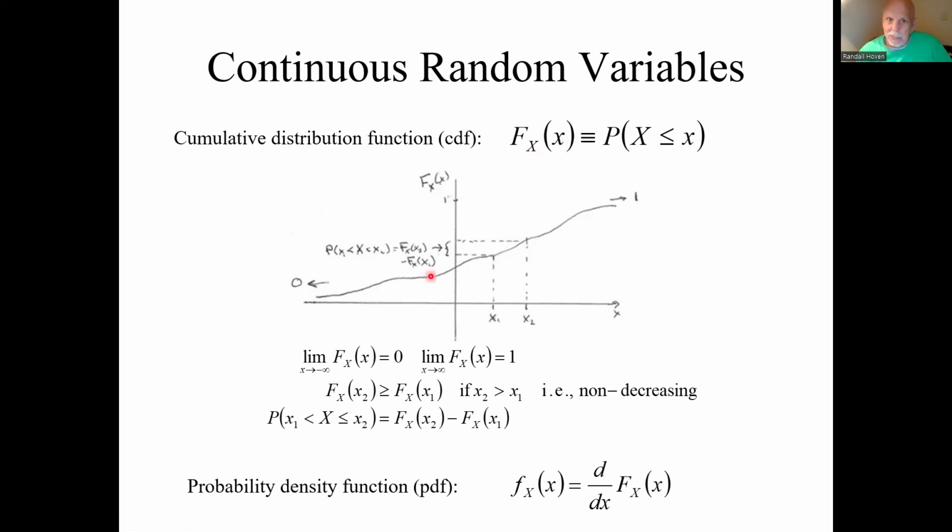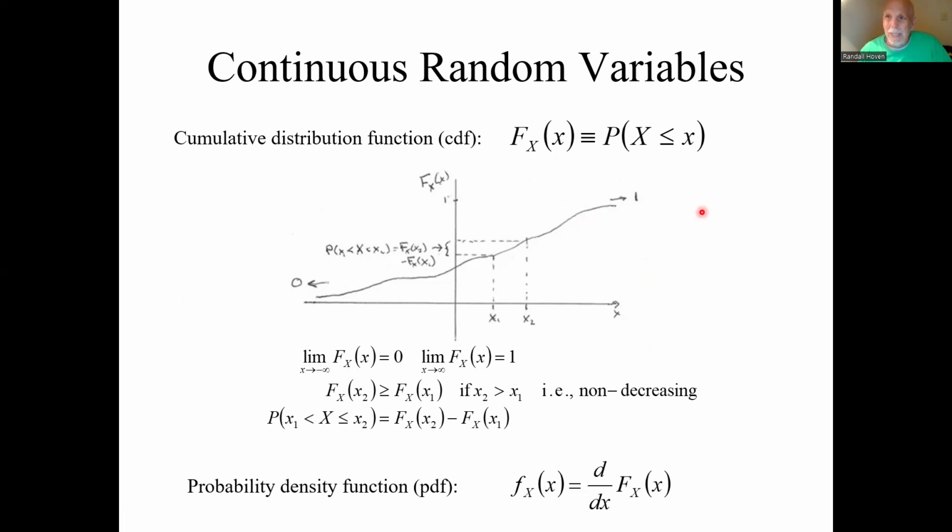There's a bunch of things that can be derived about it. I'm not going to do the derivations. It's for a more thorough probability course. But it is a strictly non-decreasing function. Further you go to the right for your argument x, the more this F of x goes. If you take the limit as x goes to minus infinity, you get 0.